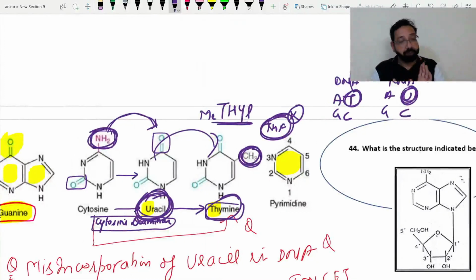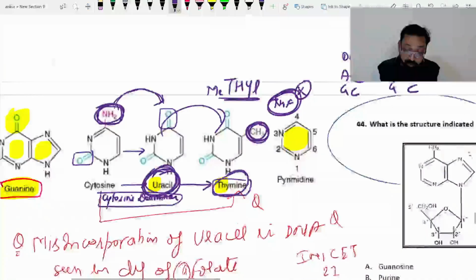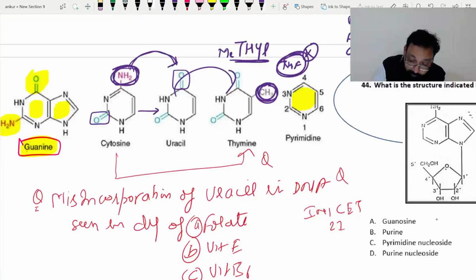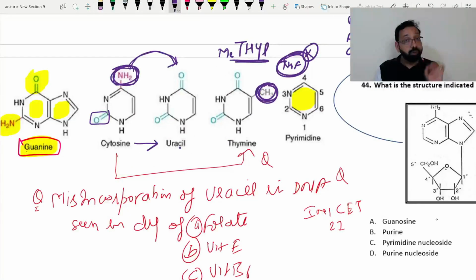So that is one question. Second question, a simple one: uracil is coming to thymine, the methyl group donor is folic acid. Third question which was asked: now you can easily see that if you deaminate cytosine, it will be converted to uracil, and if you attach a methyl group to it, it becomes thymine. What was the question?